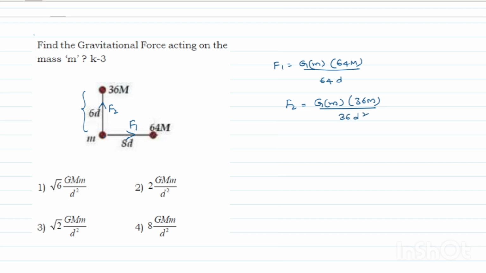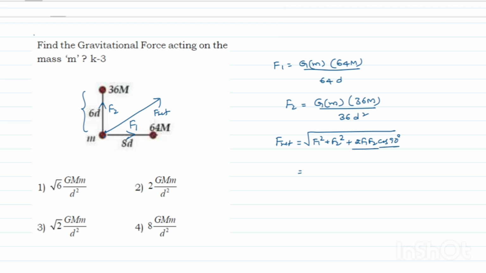Now the net force, the resultant of these two, one lying on the x-axis and one on the y-axis, acts along the diagonal. F net will be equal to the square root of F1 square plus F2 square plus 2 F1 F2 cos 90, and cos 90 is 0, so that whole term is 0.